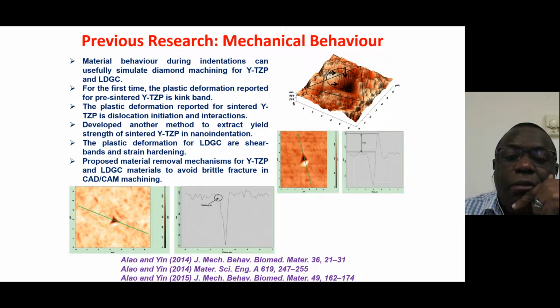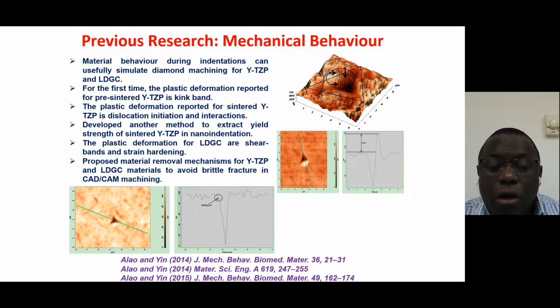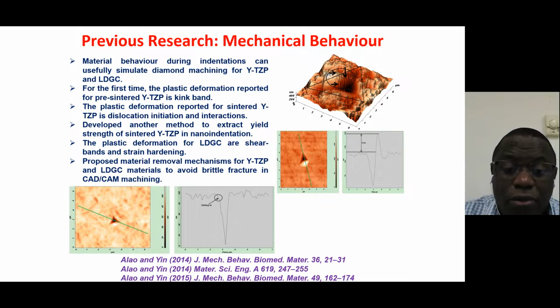You can see this arrow specifies the parallel dislocation, and this vertical arrow specifies the slip plane, because dislocation in a material occurs on a suitable slip system, which consists of a slip plane and slip direction.